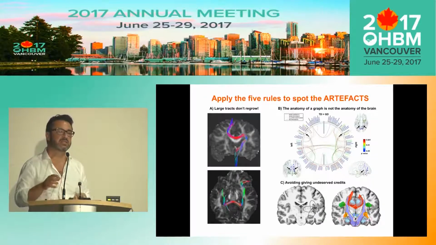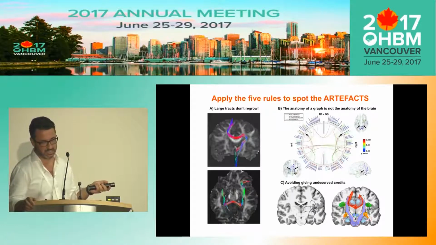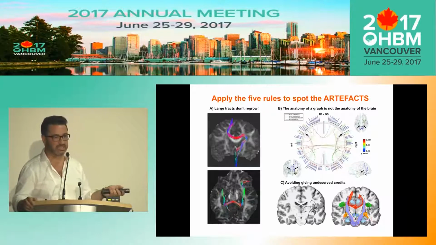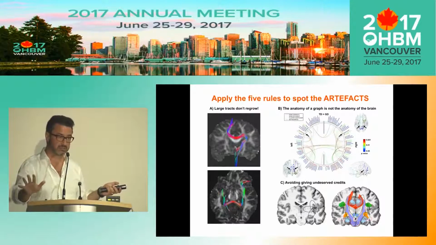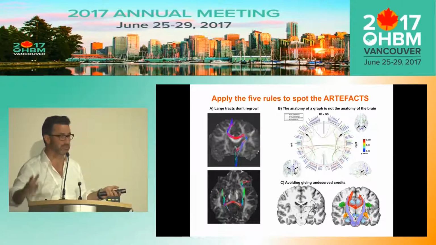Who says it is an artifact? Okay, a bit. Who says it may be real, this one? Okay, so a few people say it may be real. Well, actually, the take-home message is that both are artifacts. For the rules I told you, the association and projection fibers don't enter the corpus callosum.